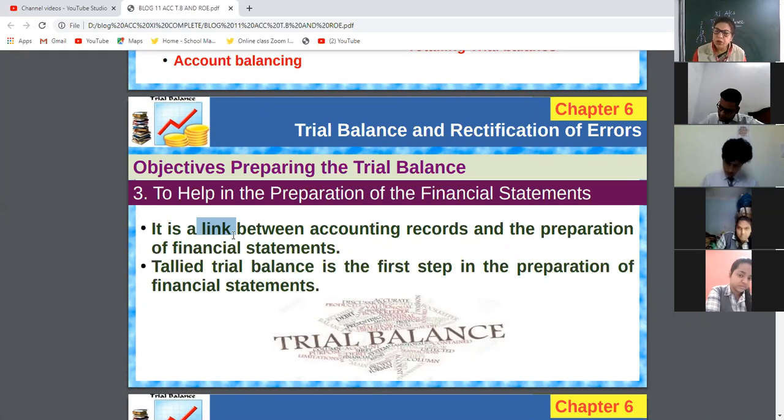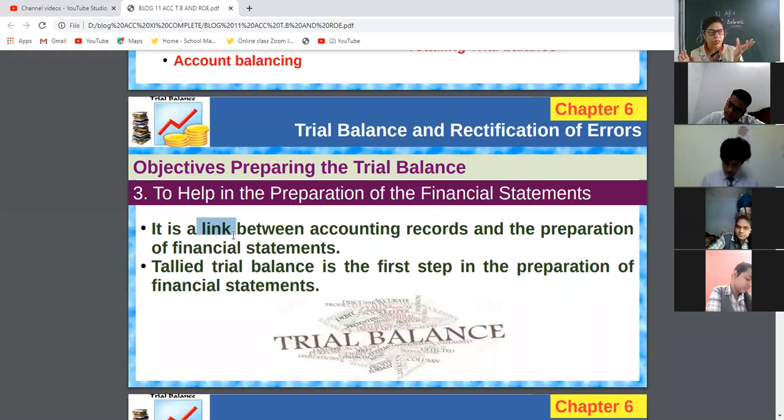So, if we want to make the trading account, profit and loss account, and balance sheet of the organization, meaning final accounts or financial statements, then first we have the trial balance. So trial balance is a link between all recording accounts and the financial statements, which shows us the true financial position.